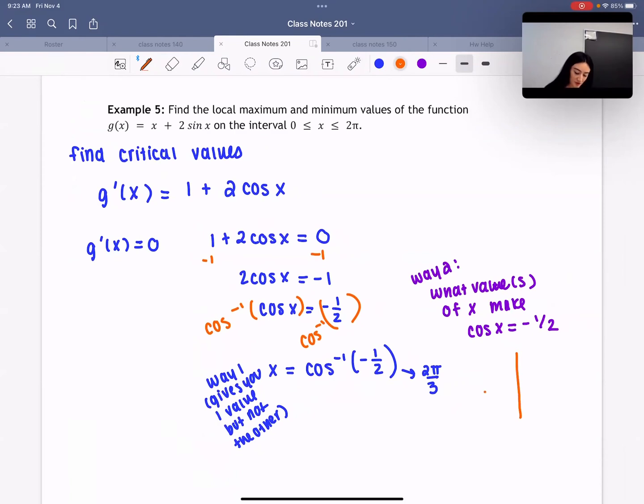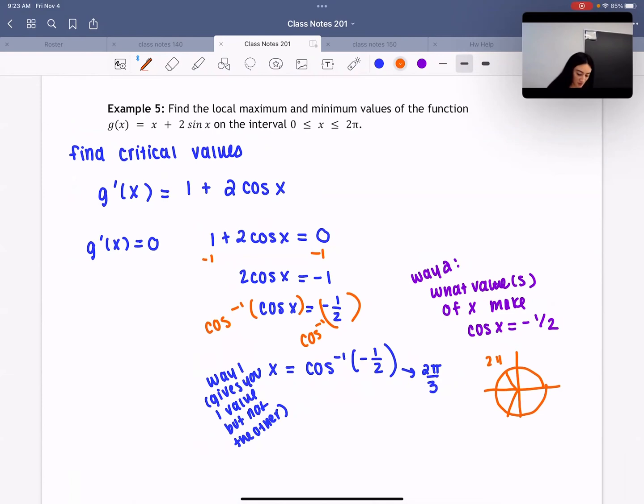Drawing our unit circle, we want to figure out where the x coordinates equal -1/2. Well, that would probably be maybe this angle and this angle. And using our knowledge of trigonometry, this angle is 2 pi/3 and this angle is 4 pi/3. So there are 2 places where the cosine of x is -1/2.